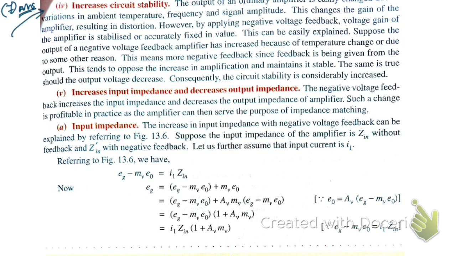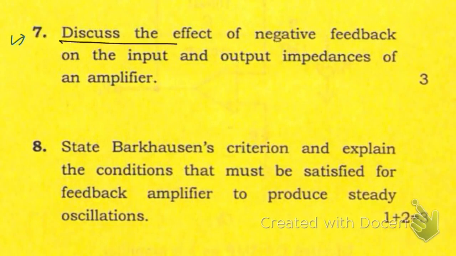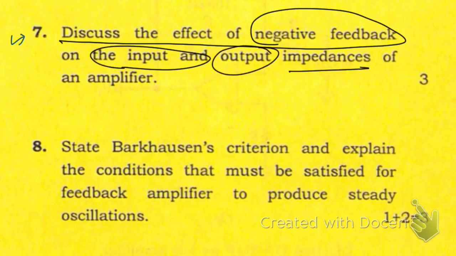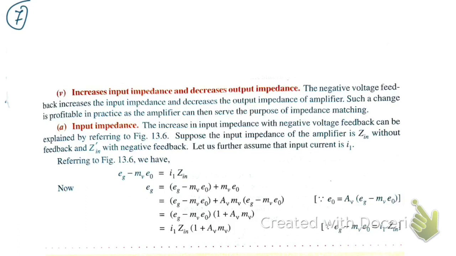So this is the effect of negative feedback on stability. This is the question number 7. Discuss the effect of negative feedback on input and output impedances of an amplifier. So here is the answer. Here you can see this.